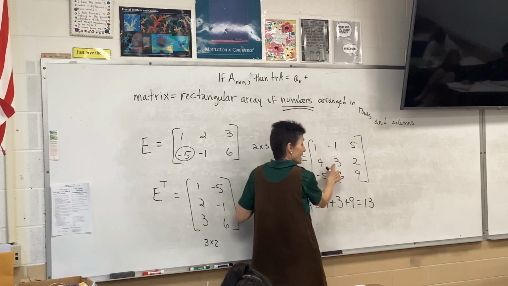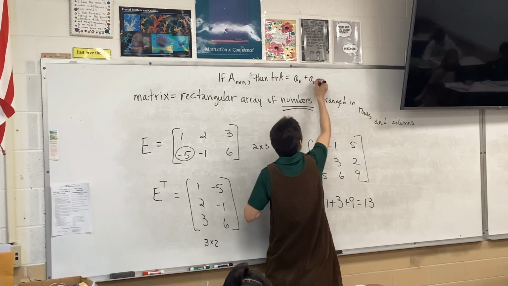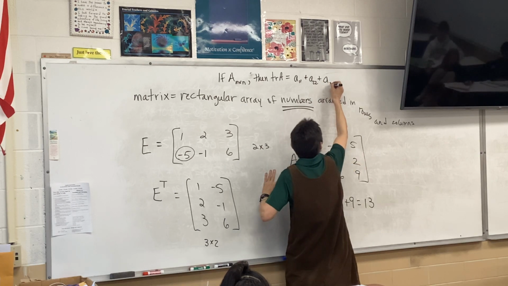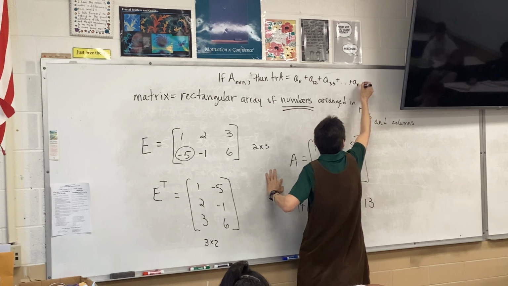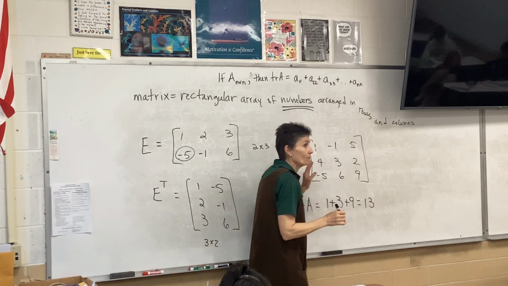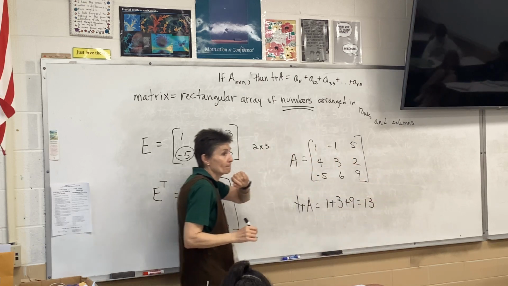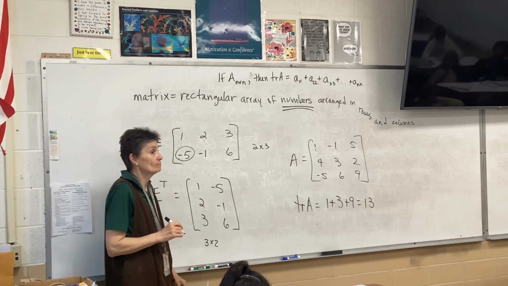plus, what's the next one? What entry is this right here? That's the 2, 2 spot, plus, and if the matrix is bigger, it's going to go all the way to the n, n entry. So 4, 4, 5, 5, 6, 6, however big it is, that's the trace. What, Meg?